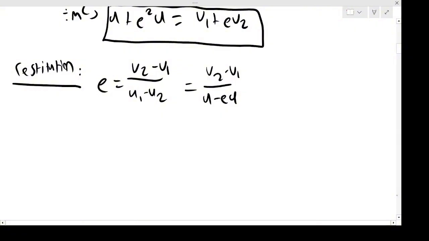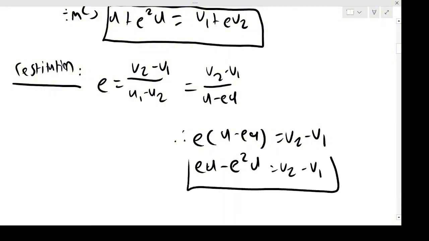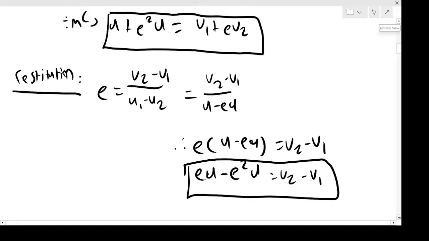And so then if I cross multiply, I get E lots of U minus EU is equal to V2 take away V1. Okay, if I expand this to get EU take away E squared U is equal to V2 take away V1. And so I get these two equations here. Again, they're not the nicest looking equations, but again, it's the same method. So we're going to solve them simultaneously.